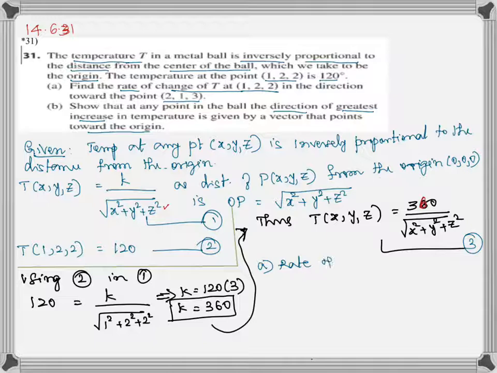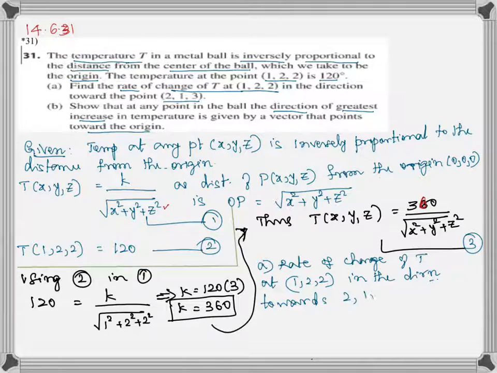Next, part A: find the rate of change of T at (1, 2, 2) in the direction towards (2, 1, 3). In the direction of (2, 1, 3), which is finding the directional derivative in the direction towards the point (2, 1, 3).